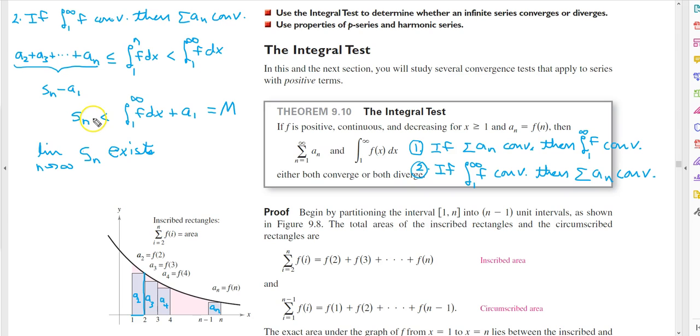Right? The Sn's are increasing, they're bounded above by m, and so the limit as n goes to infinity of the Sn's must exist. And that's from a previous result that we discussed. So that proves the first statement number 2, that if the integral from 1 to infinity of f converges, then the series must also converge. Let's look at the statement number 1 and prove that one now.